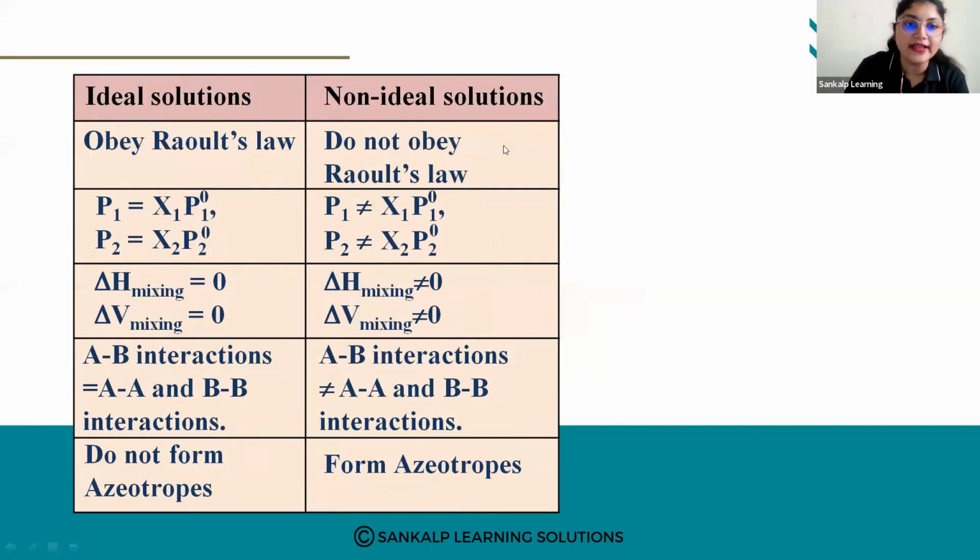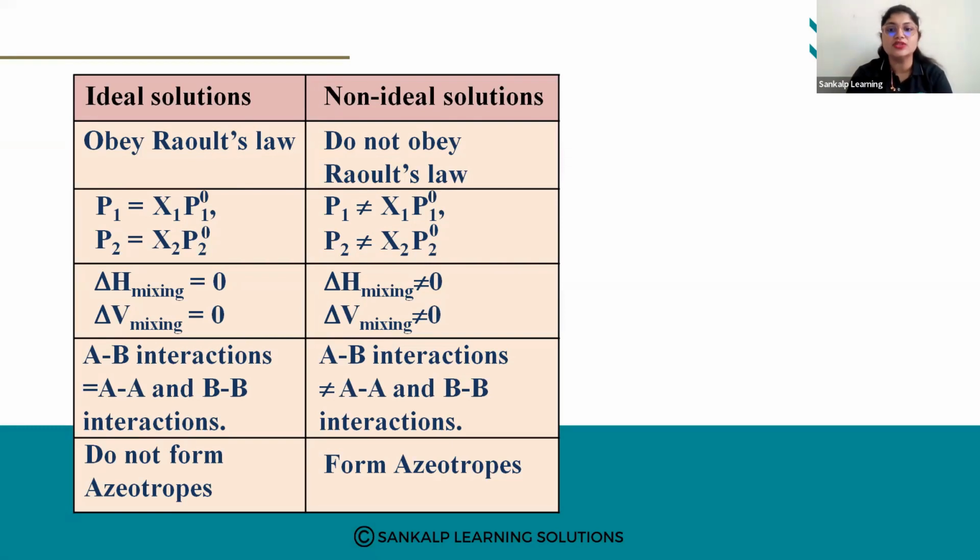Then what is an ideal solution and what is a non-ideal solution? Ideal solutions are those which obey Raoult's law. Non-ideal solutions are those which do not obey Raoult's law. For an ideal solution, the mathematical expression is P1 equals psi 1 into P1 naught, and P2 equals psi 2 into P2 naught, for components 1 and 2.